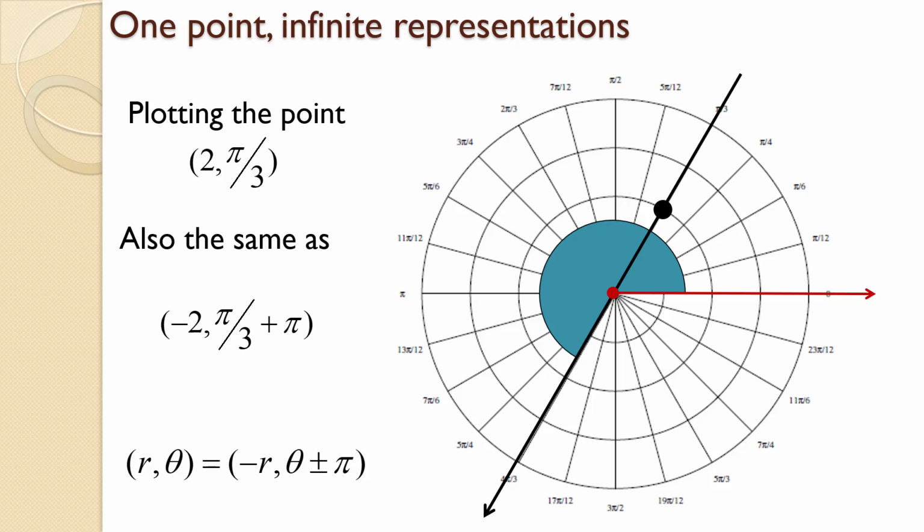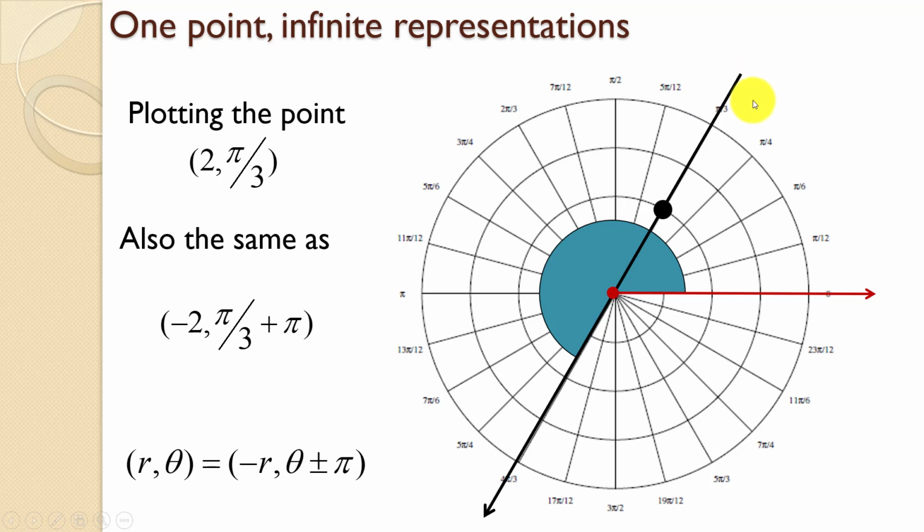But our point (2, π/3) in polar coordinates has other representations still. I've plotted the exact same point on our polar graph paper, and it's the same point as (−2, π/3 + π). To see why, start at the polar axis, go through a rotation of π/3.